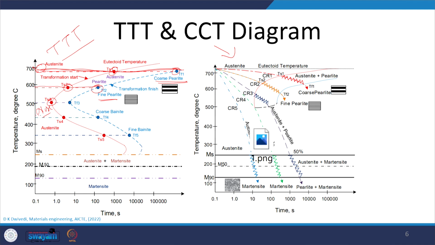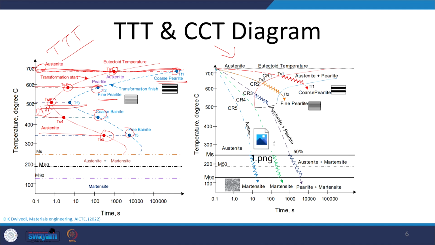Okay, and at further lower temperatures, this will start getting delayed and will end late. So this is why it results in the C-shaped structure. This is the nose where the transformation starts earliest and ends earliest.